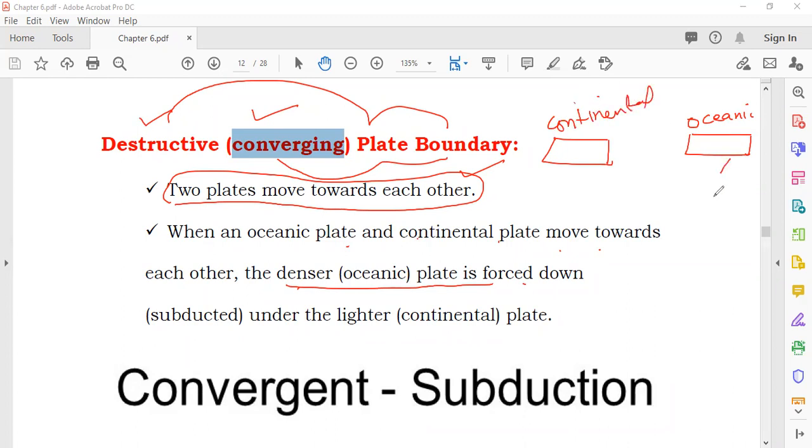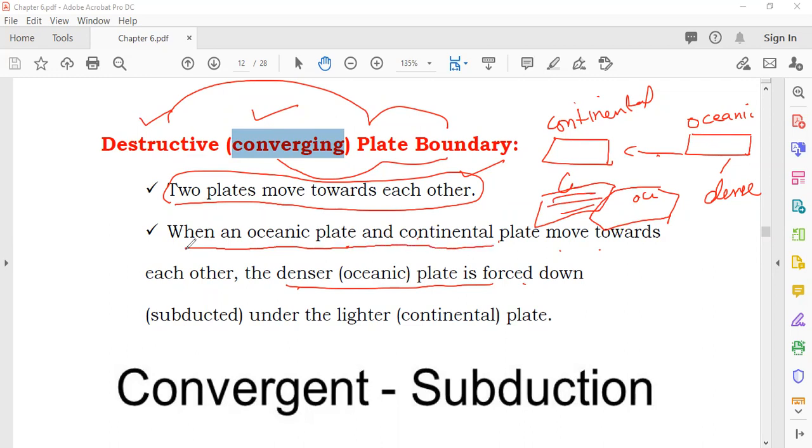Now this plate is dense. Dense means heavier than this one. When they move towards each other, the dense one will come down. So this oceanic plate will come down, and above this one, you will find the continental plate. It goes like this.